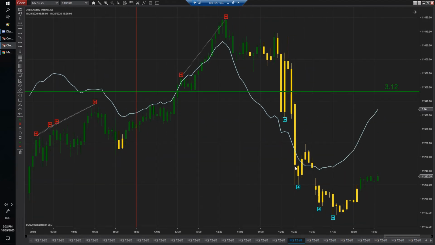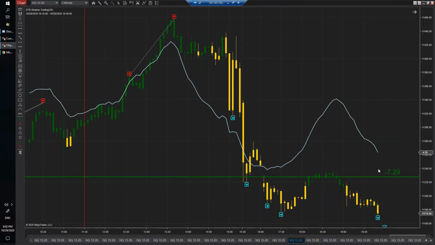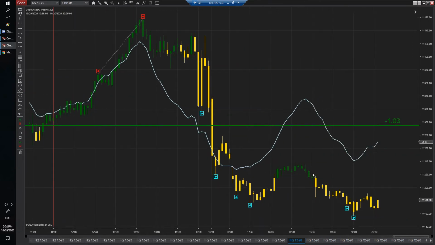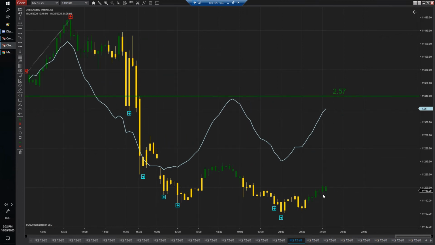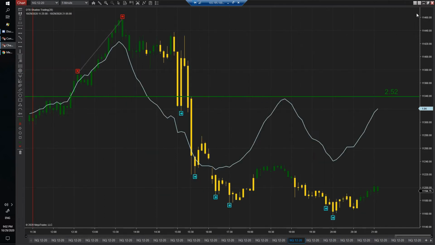And over here we've got our divergence arrows, and that is telling us with the momentum line above that the price is going to be rising up, and even if it's just temporarily and then back down again, our momentum line is still showing us that the true indication of price is in the upward momentum. So that's our Shadow Trading.